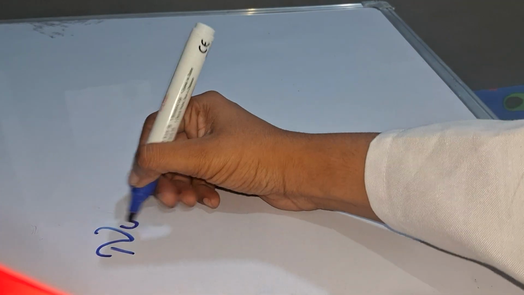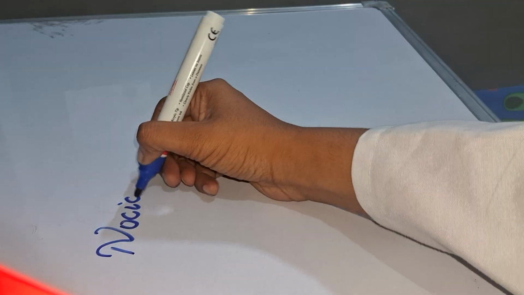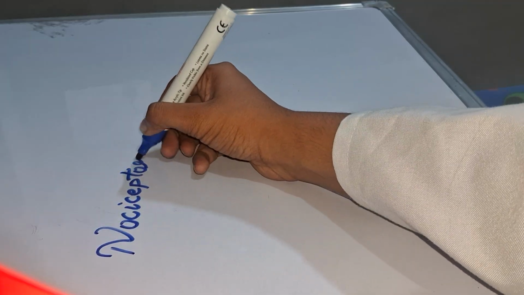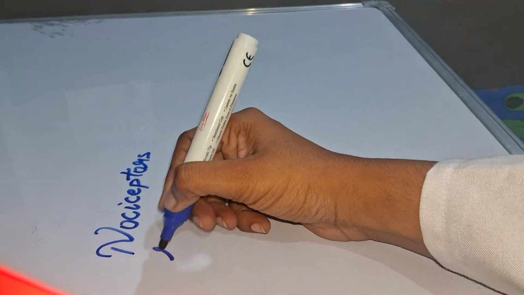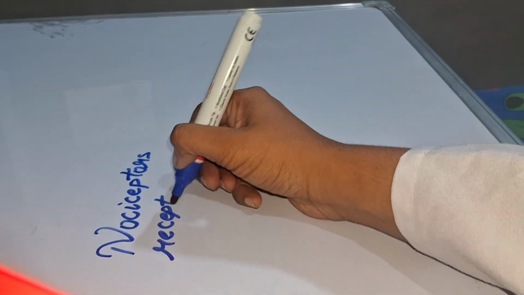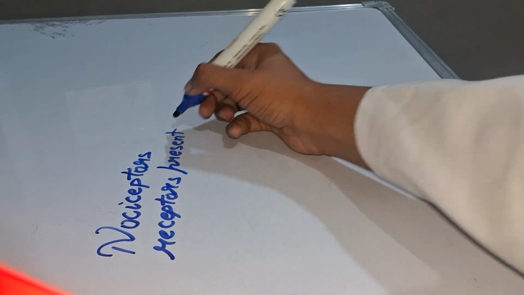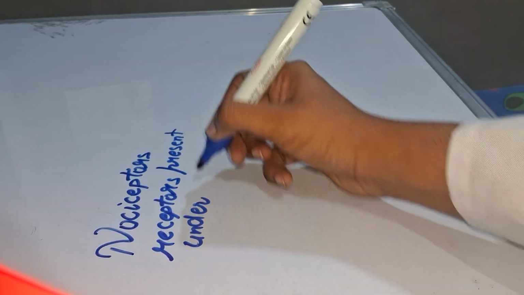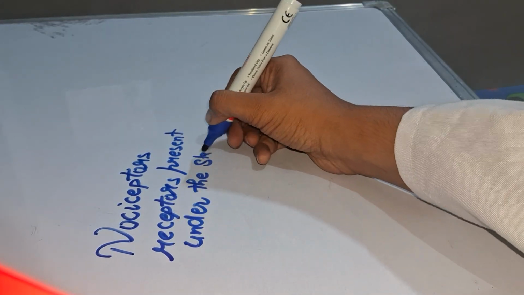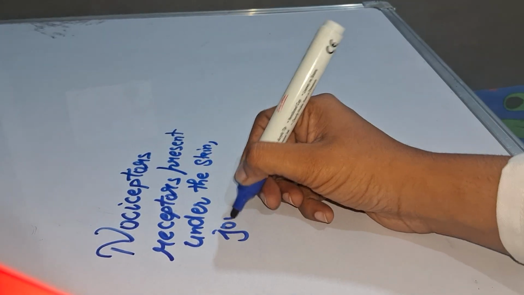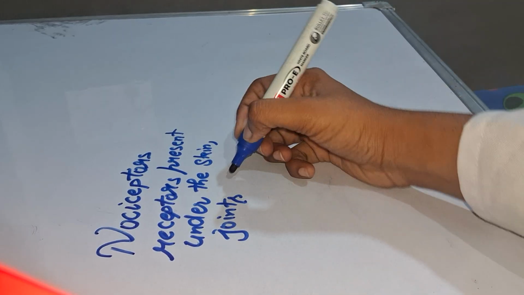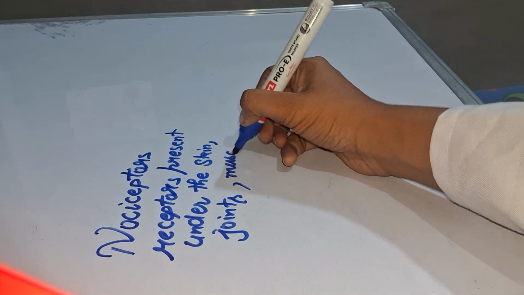Now, coming on to our topic, first of all, nociceptors. Okay, these are the receptors present under the skin, joints or muscles.